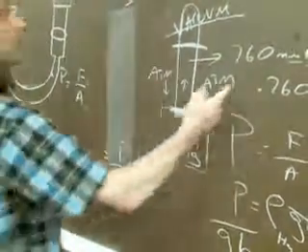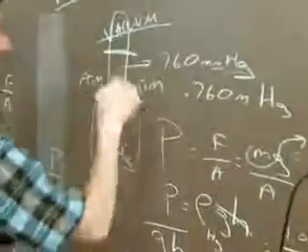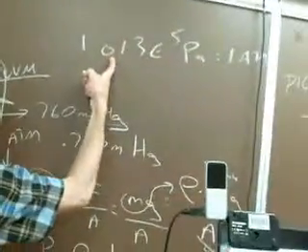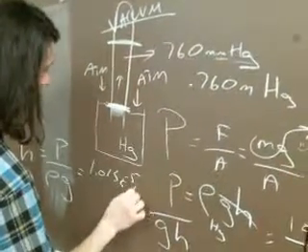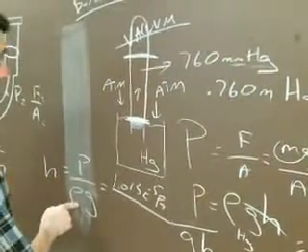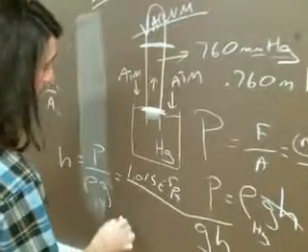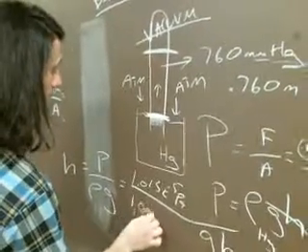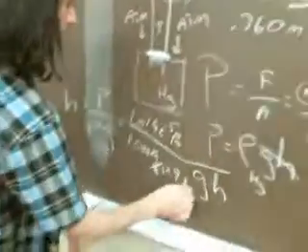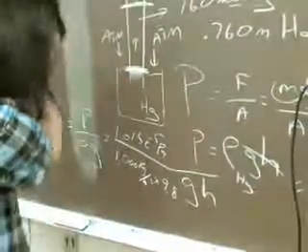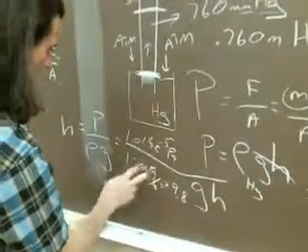Which means the pressure stays the same, 1.013 E5 pascals. I'm going to divide it by the density of H2O, which again you know is 1,000 kilograms per cubic meter, and we are still hanging out tragically on planet Earth. So this is 10 to the 5th divided by 1,000.